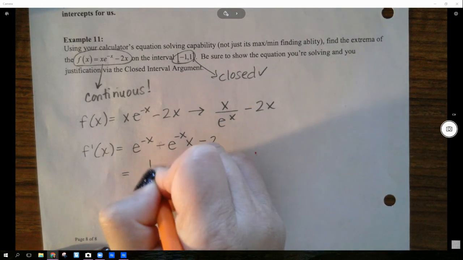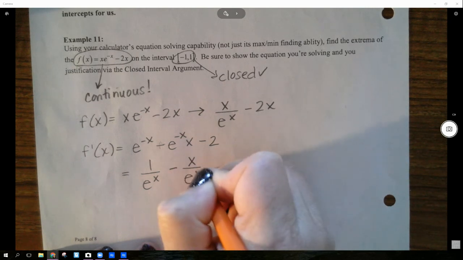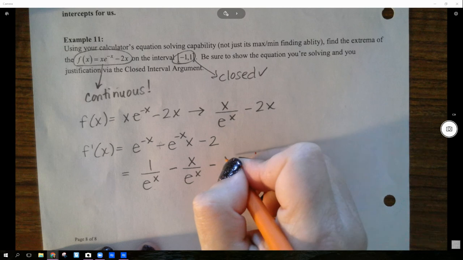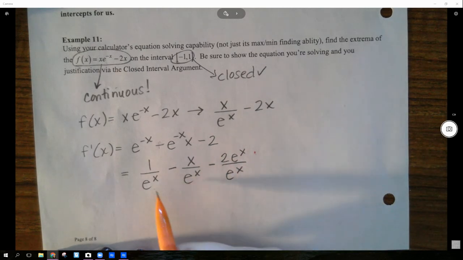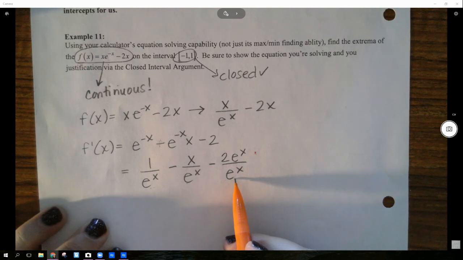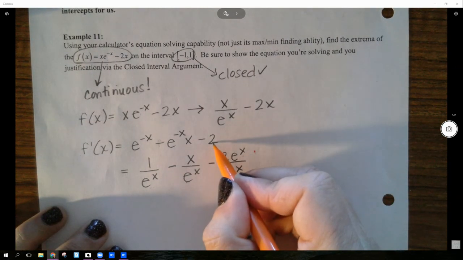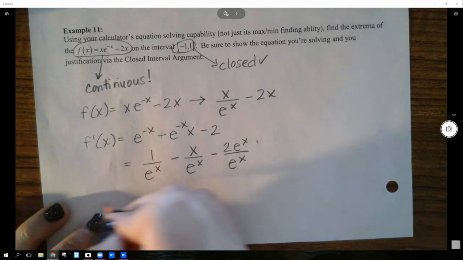That can be written as 1 over e to the x minus x over e to the x minus, well, we could actually make this 2 look like this, 2e to the x all over e to the x, getting a common denominator between all of these. This one, I didn't have an e to the x in the denominator, so I had to put one there, which meant I had to multiply by e to the x.